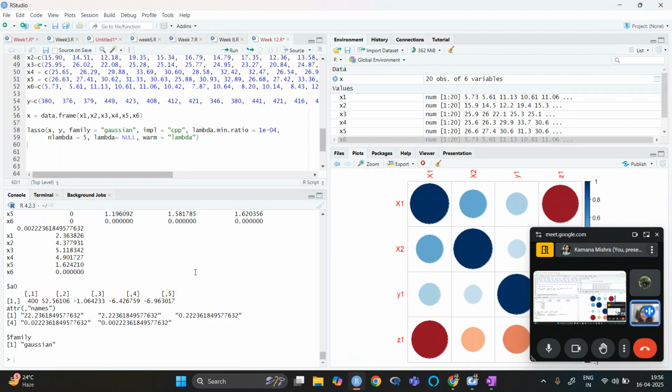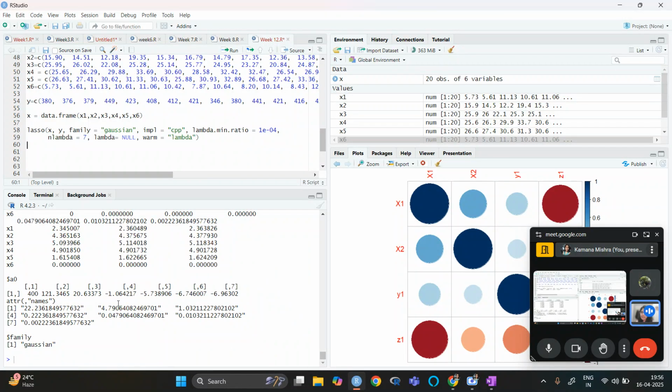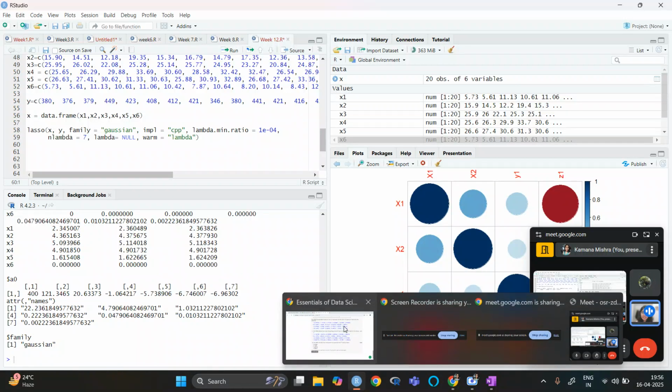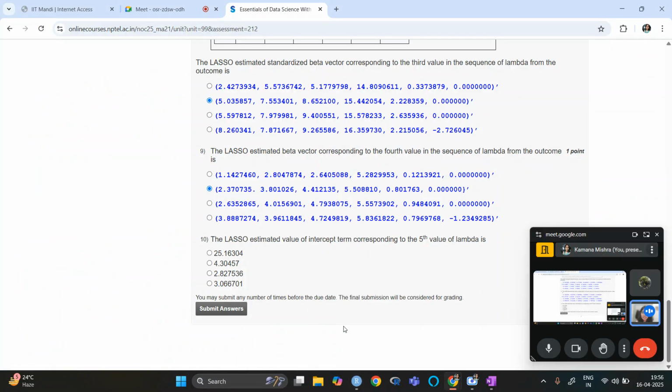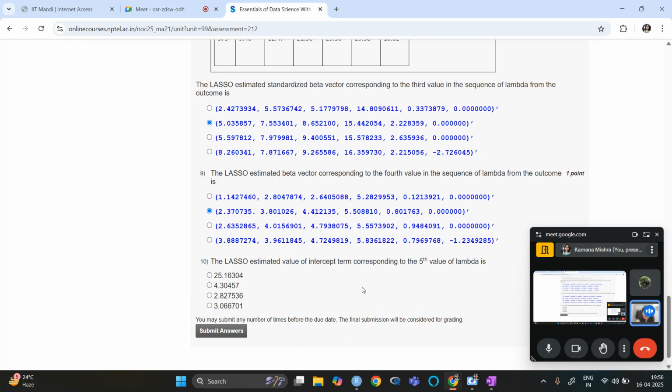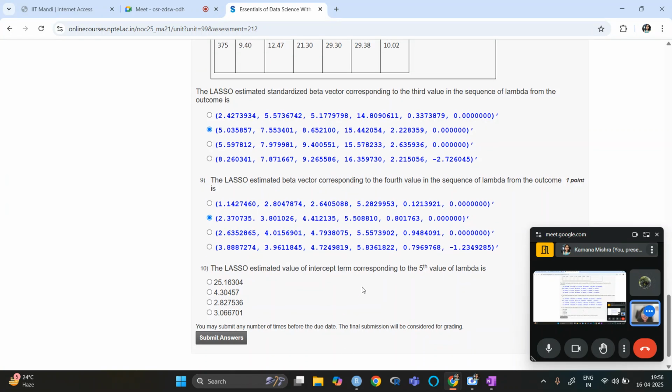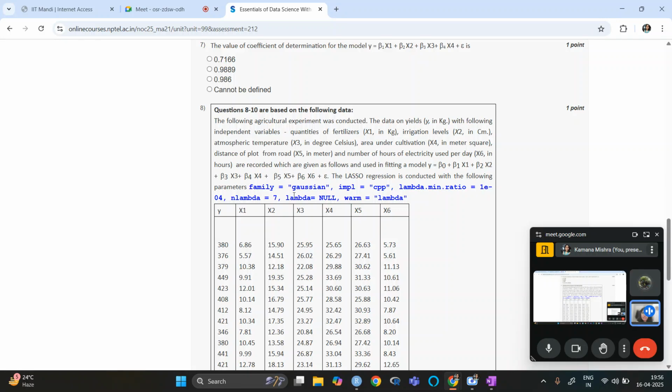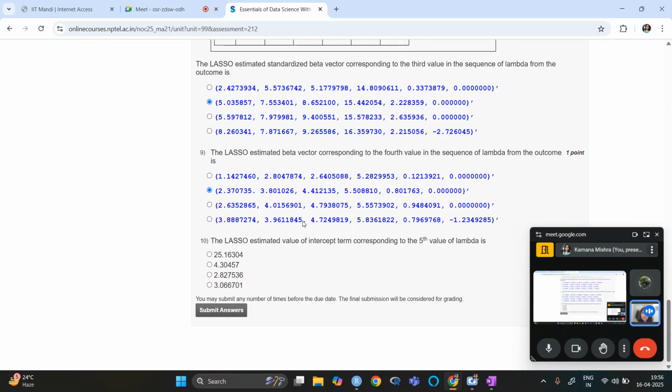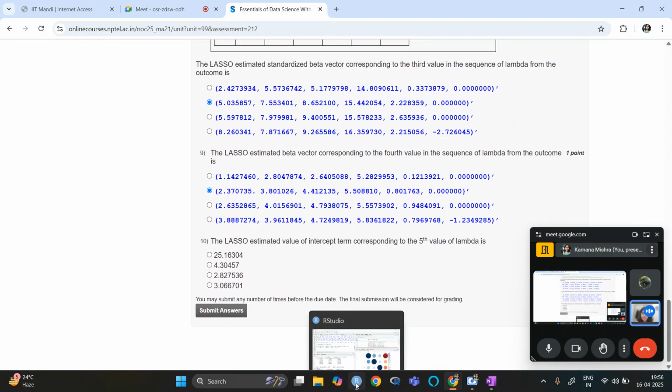For the fifth value of lambda, if I do it for the 7, let's say, then it will be 5.73, something like that. That is also not here. I do not know what is the problem with their command, because whatever they have given, I have written the same, but the answers are still not matching exactly.